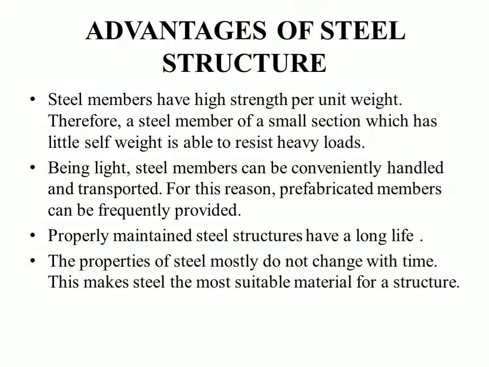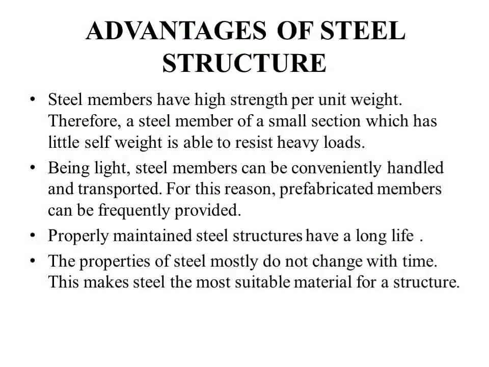The advantages of steel structure are listed below. Since steel members have high strength per unit weight, a steel member of a small section which has little self weight is able to resist heavy loads. Being light, steel members can be conveniently handled and transported. For this reason, prefabricated members can be frequently provided. Third one, properly maintained steel structures have a long life.